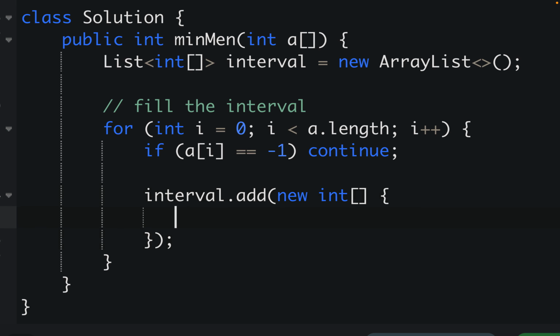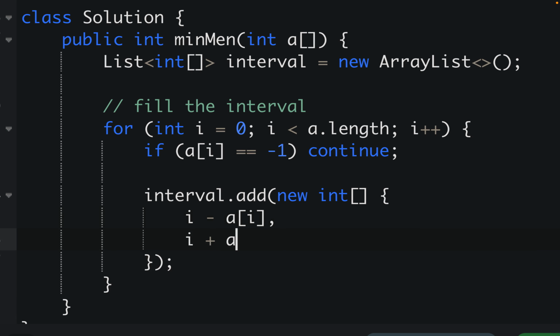and this would be from i minus a of i and i plus a of i. Again, there can be situations that we are exceeding the boundaries, so let's adjust the boundaries.